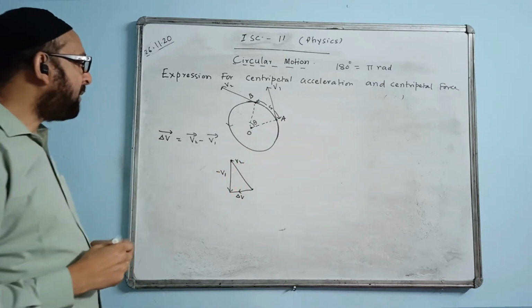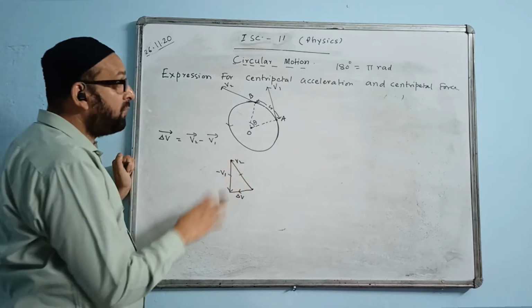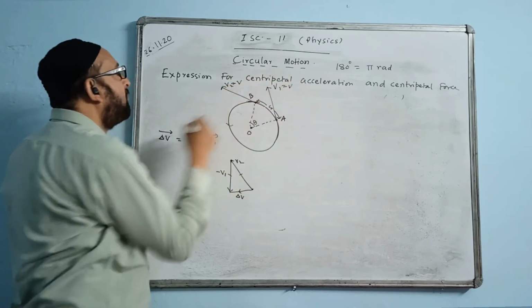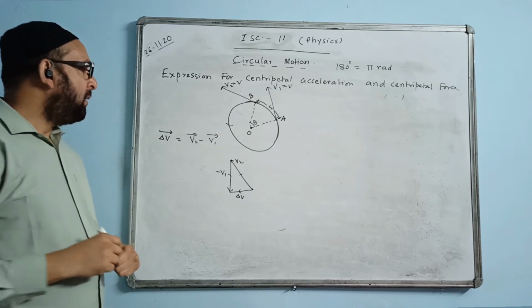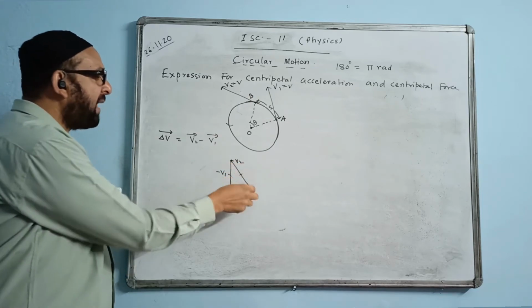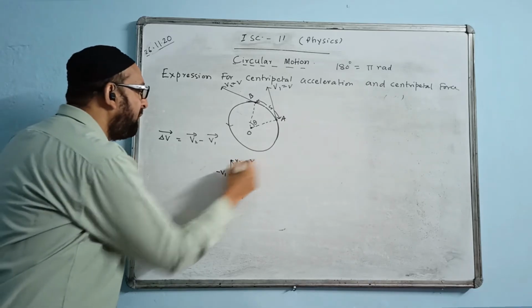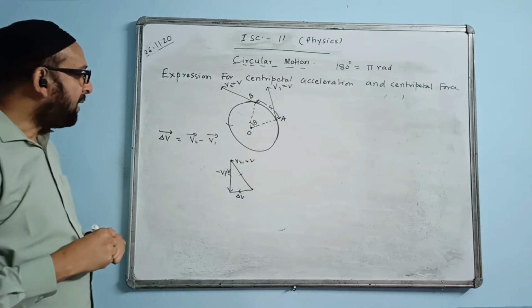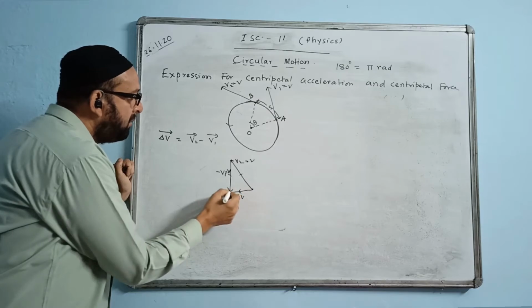Which two of them are equal? Value-wise, V2 and V1 are equal. These two are equal in magnitude, because in uniform circular motion the magnitude is the same. Suppose the magnitude is V, so V2 is equal to V and V1 is also equal to V. Now we can mark the angle and this distance.